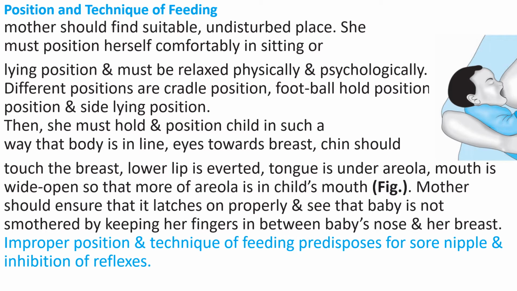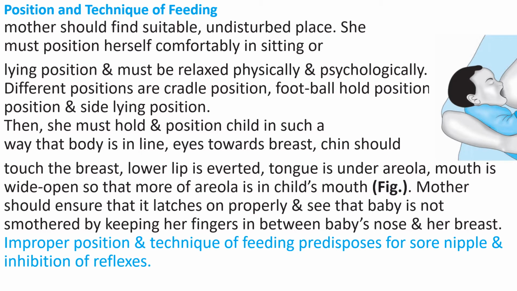towards breast, chin should touch the breast as the figure shows. Lower lip is everted, tongue is under areola, mouth is wide open so that more of areola is in child's mouth, as the figure shows.